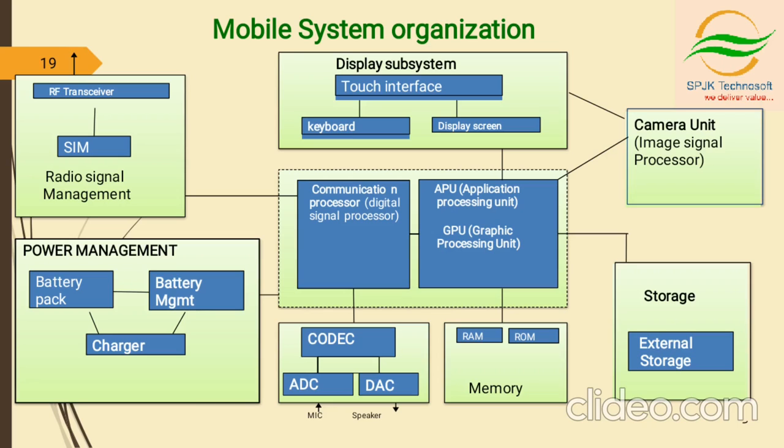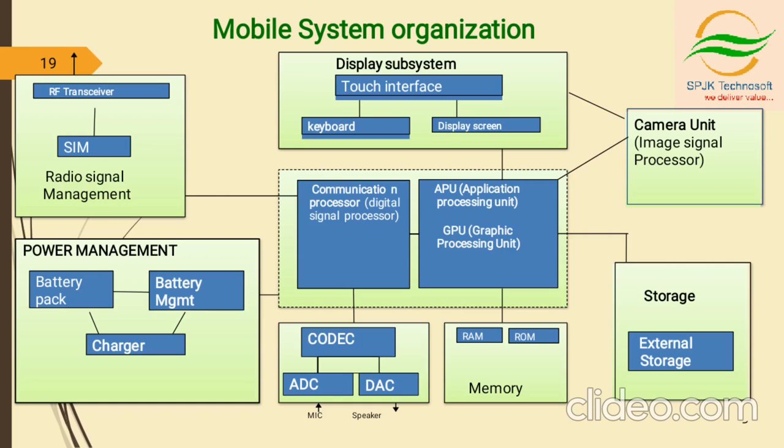Next, coming to the CODEC, meaning coder and decoder, an audio video device used to encode data. ADC stands for analog to digital converter. DAC stands for digital to analog converter. We can convert analog information to digital information, and digital to analog information, by using these two devices. Analog to digital converter means the MIC. It recognizes our voice and converts it into digital data, then sends it to the computer.